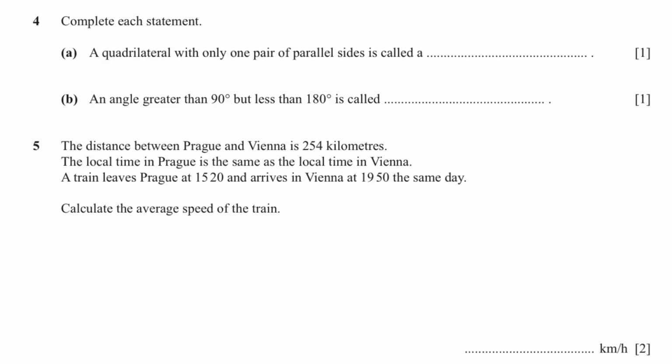Question number 4. Complete each statement. A quadrilateral with only one pair of parallel sides is called. So you have only one pair of parallel sides like this. What could that be? Trapezium.